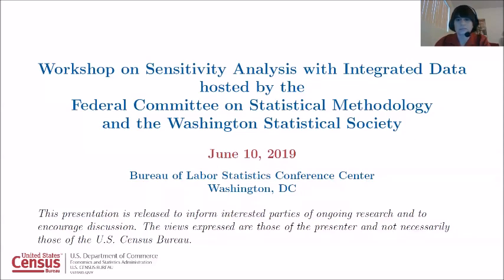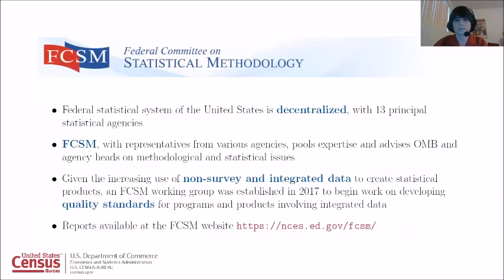So this workshop is being jointly sponsored by FCSM, the Federal Committee on Statistical Methodology, and the Washington Statistical Society. For those of you who may not know, I have one slide here about FCSM. The Federal Statistical System of the United States is not centralized.